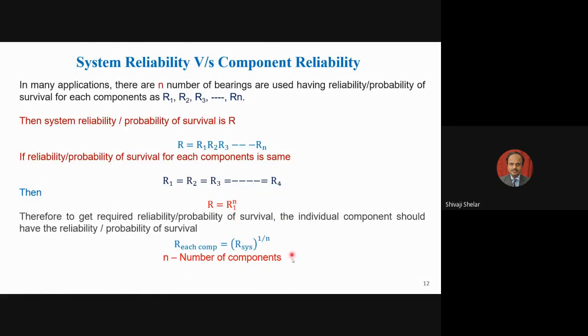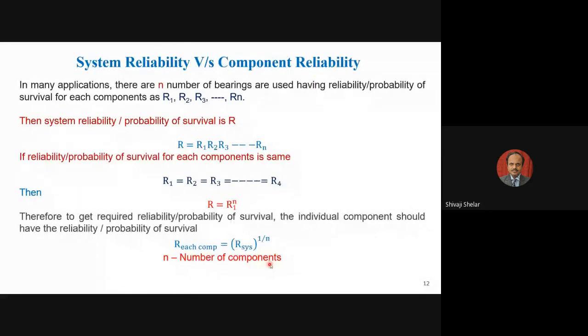From that you can determine the reliability value, and if this value is other than 90%, you can follow the previous methodology to find the L10 for that reliability and then design or select a bearing. So this is regarding system reliability and component reliability.